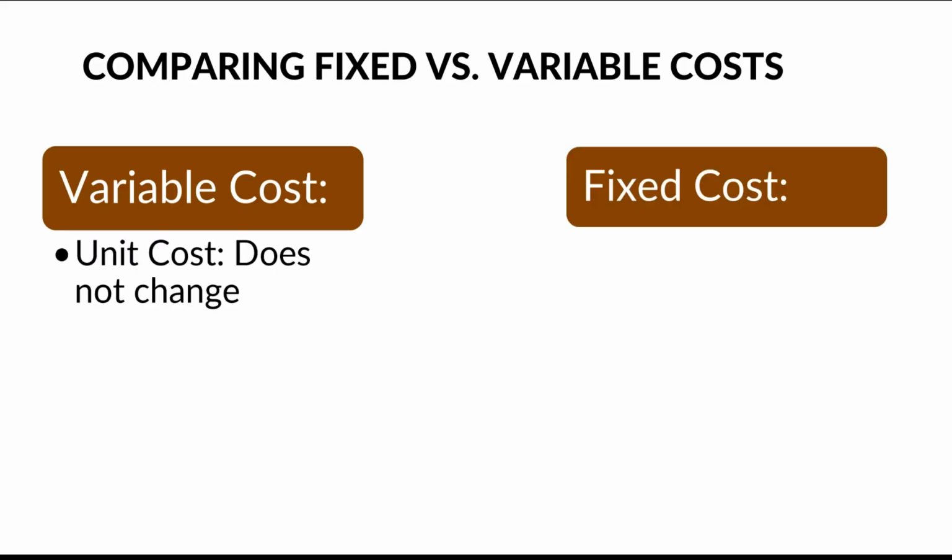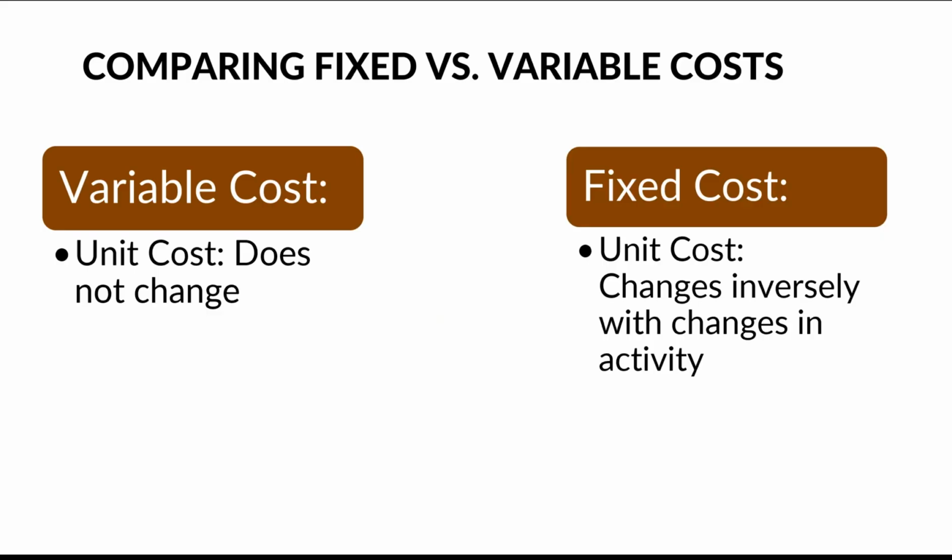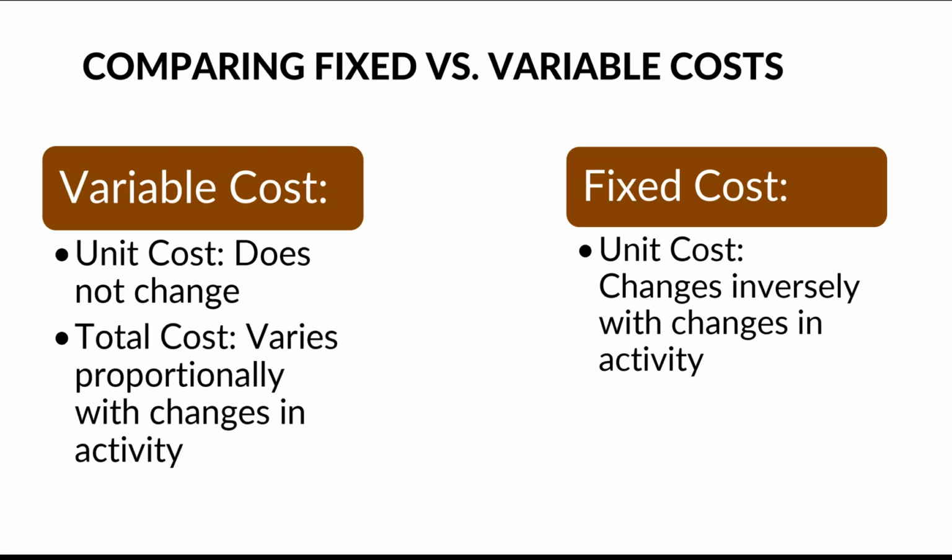Now, before we move on, let's compare our fixed versus variable costs. So our variable cost, the unit cost does not change, but in a fixed cost, the unit cost changes inversely with changes in activity, meaning they're opposites. Activity goes up, unit cost goes down. Now, for variable cost, the total cost is the one that varies, and it varies proportionally, meaning they change at the same rate.